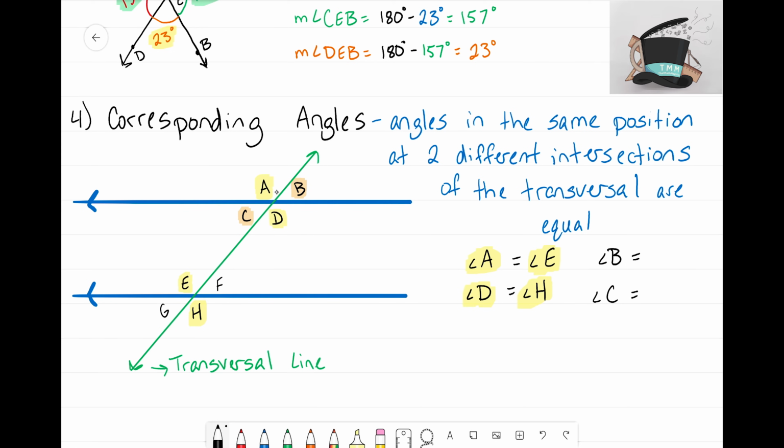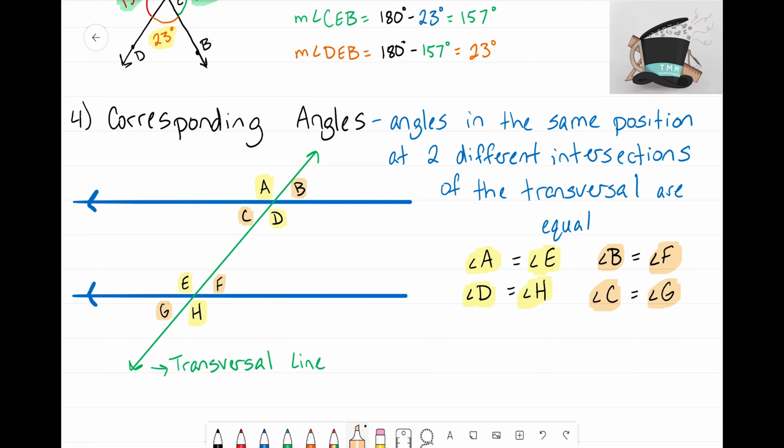B here is in the top right position. The angle in the top right position down here is angle F. So those two angles are corresponding, and they are equal to each other. Last but not least, C is down here in the bottom left, and G is down here in the bottom left. So G and C are equal. They are corresponding.